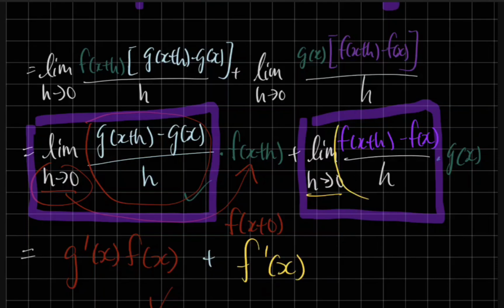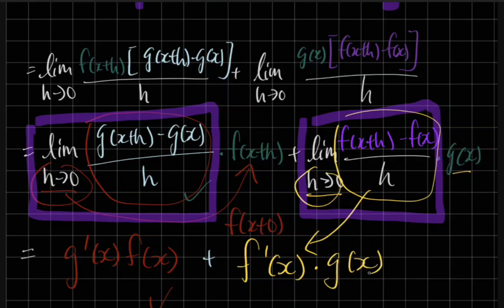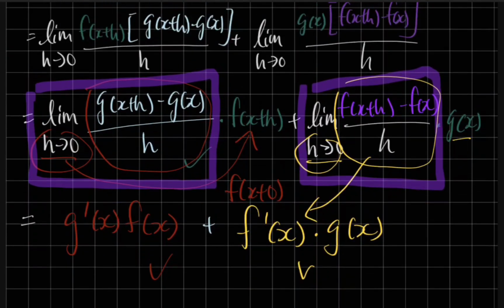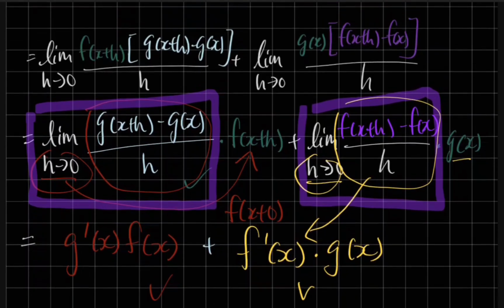For this piece, there's no h in it, so we can just put it back, multiplied by g of x. So there we have it.